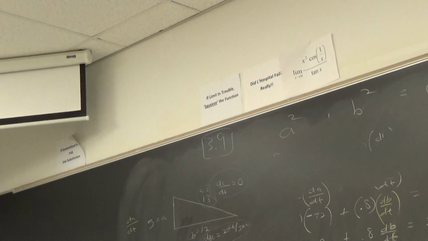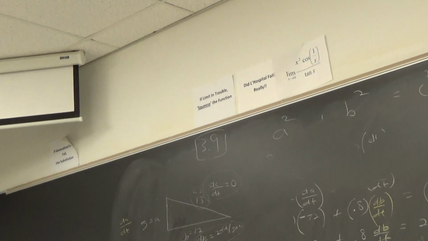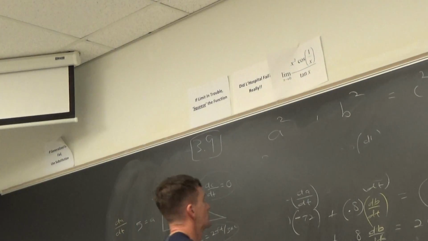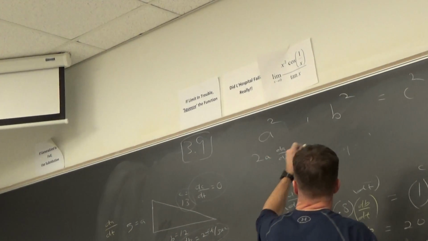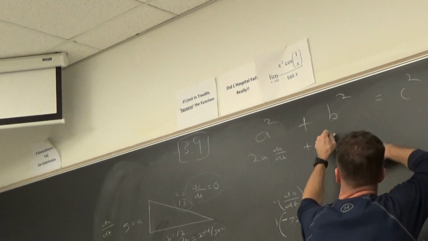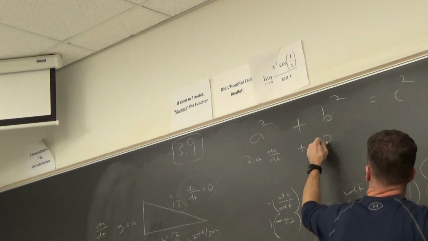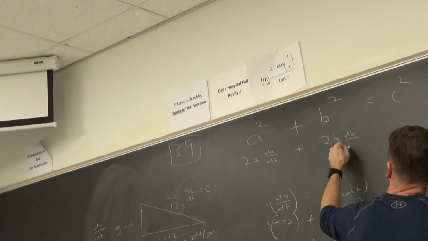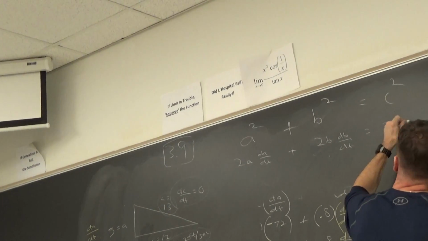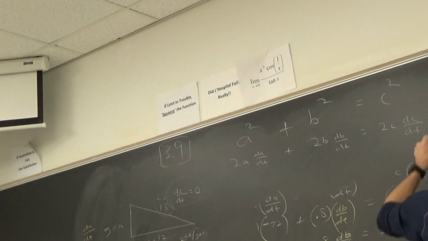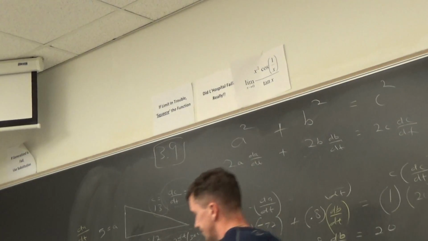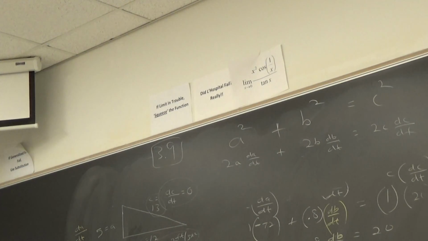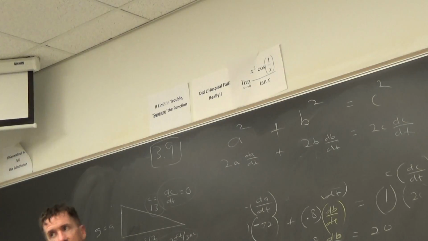All right, here we go. A squared plus B squared equals C squared. And then differentiate both sides of the equation: 2A dAdt plus 2B dBdt equals 2C dCdt. What can I do with all those 2's? Get them out. So 2C dCdt, you can say that's 0. I love that.